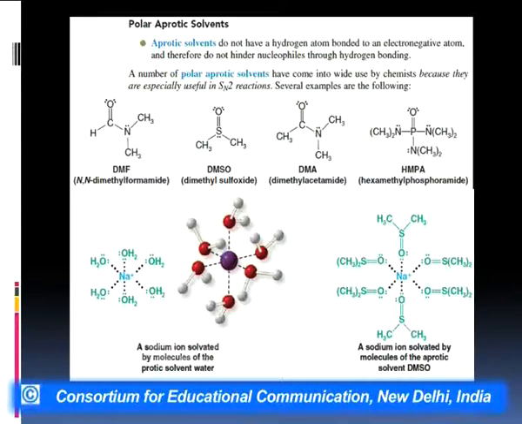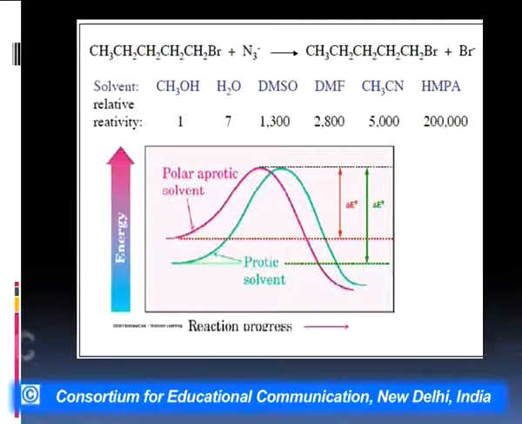So we can easily switch over from SN1 to SN2 just by changing the solvent. And then what we find here is that in SN2, when we went from a polar protic solvent to a polar aprotic solvent, the energy of activation decreases in aprotic solvent and the SN2 reaction is favored.